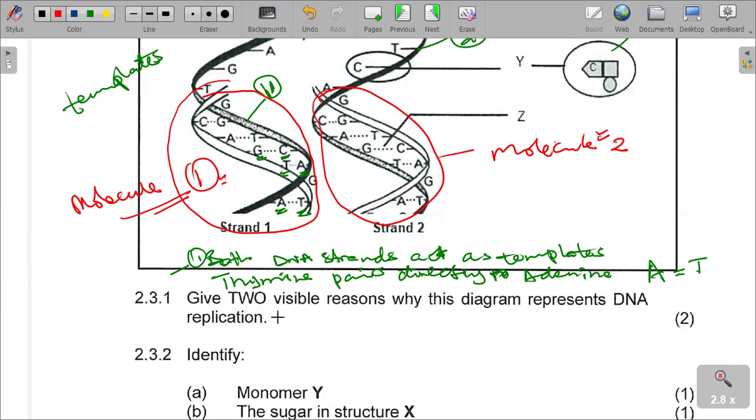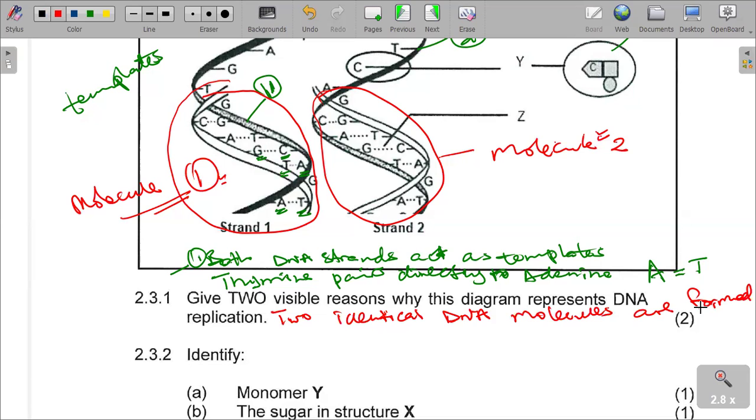So in that respect, we can as well say two identical DNA molecules are formed, as you can see there. They are formed, as we can see, class.